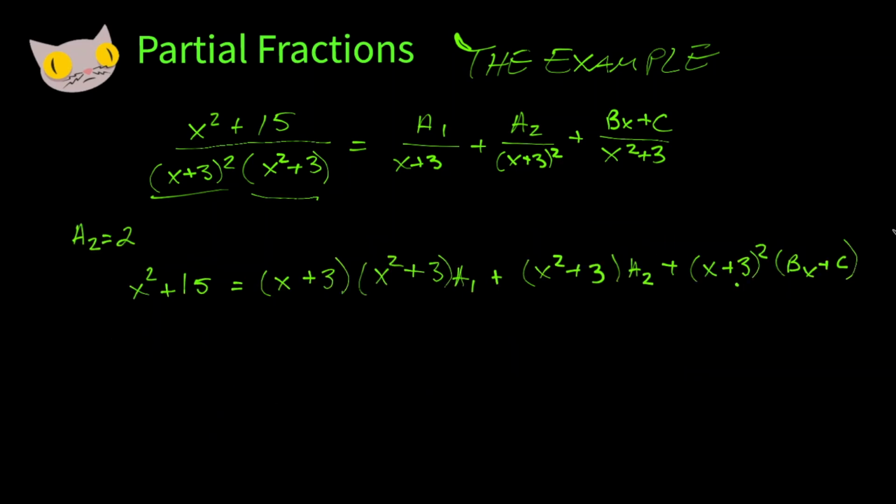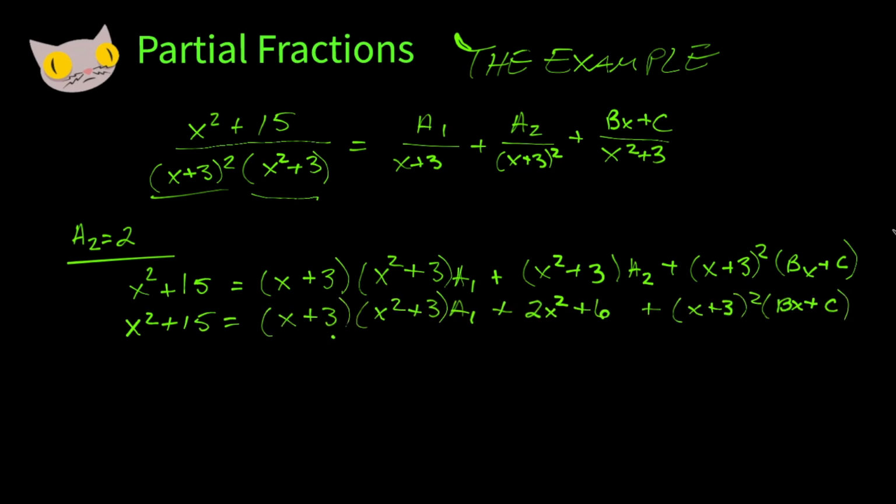So now that we know a2 is 2, we can replace a2 with 2. So we get x squared plus 15 is equal to the same thing, but with a2 replaced with 2.